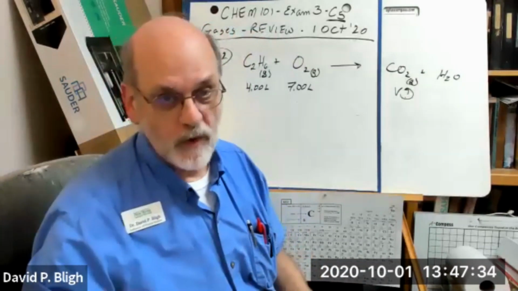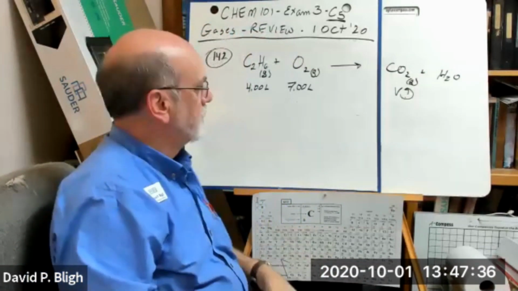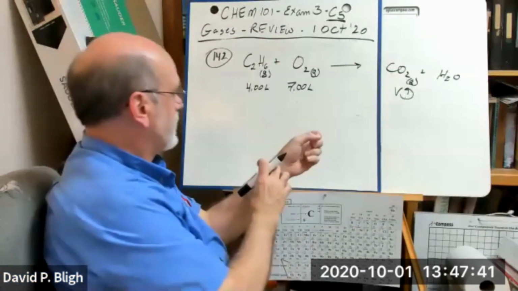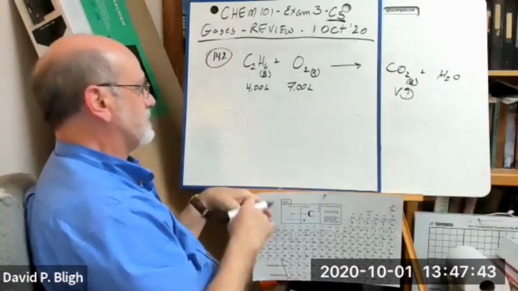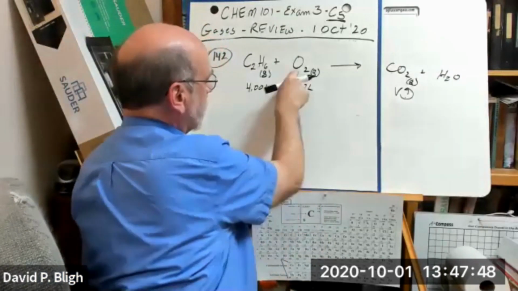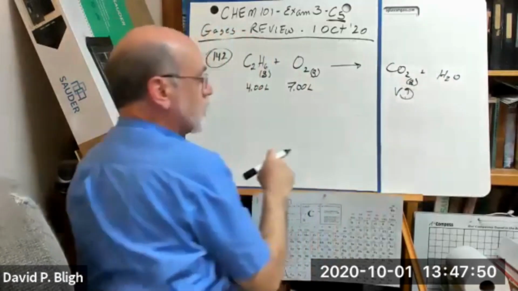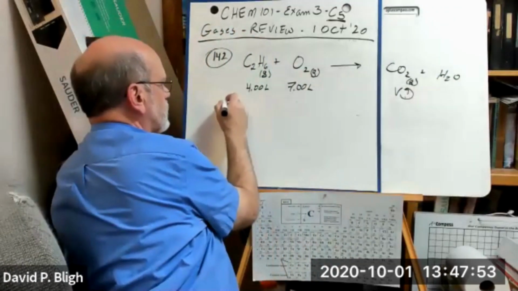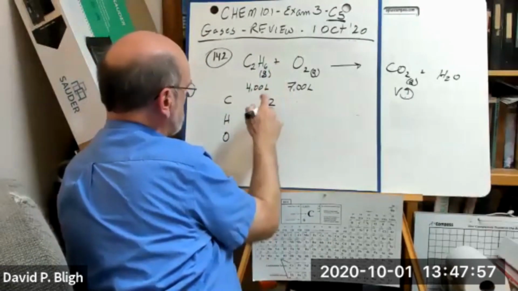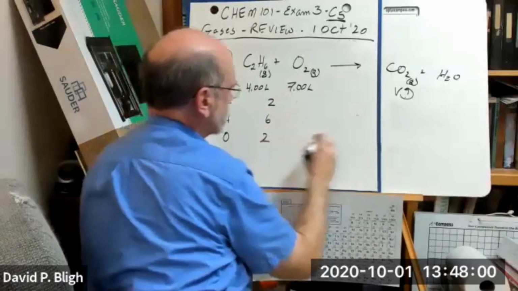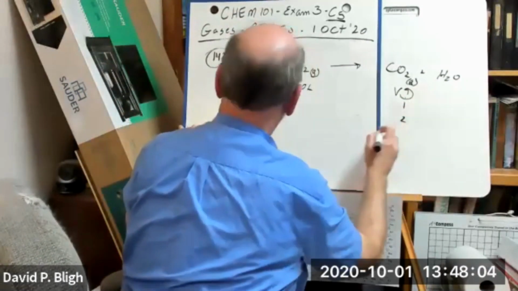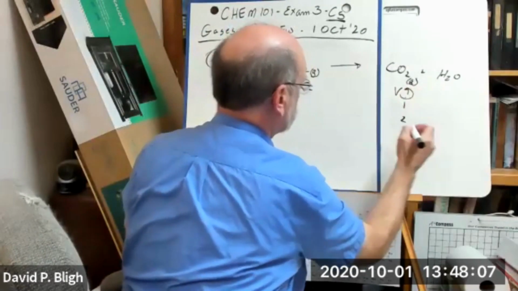Okay, this is a stoichiometry problem using gases. First thing you need is a balanced equation. Okay. So can we easily balance that equation? Possibly. Oxygen's here, and it's in 2 places, so we're going to need our budget. So we've got carbon, hydrogen, oxygen. Starting off with 2 carbons, 6 hydrogens, 2 oxygens. And over here we've got 1, 2, and 3.